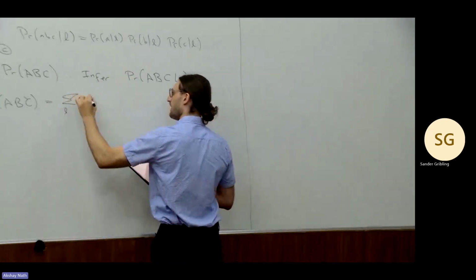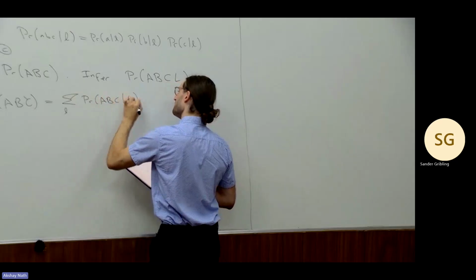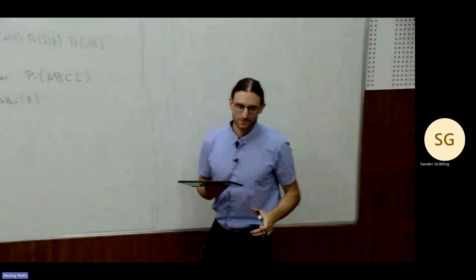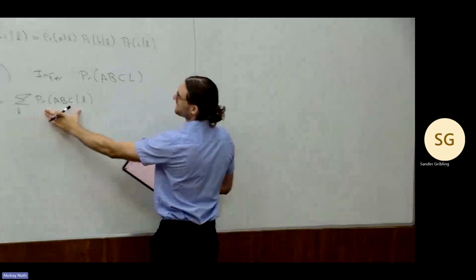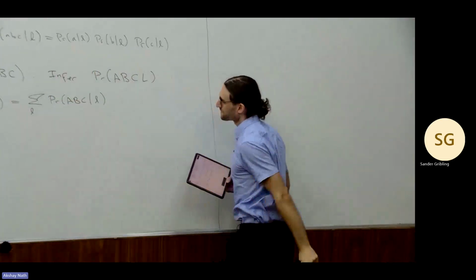I'm not really doing anything yet. I'm just expanding this probability vector over the outcomes of L. I haven't done anything crazy. And then now I'm going to use my conditional independence assumption.